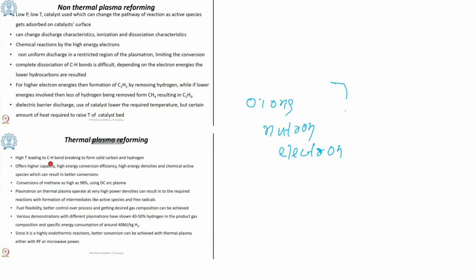If the temperature of all the ions, neutrons, and electrons, all that the plasma contains, is the same temperature, this is called thermal plasma reforming. And if the temperature is different for the different species, this is called non-thermal plasma reforming. This is very simple, you can study it.